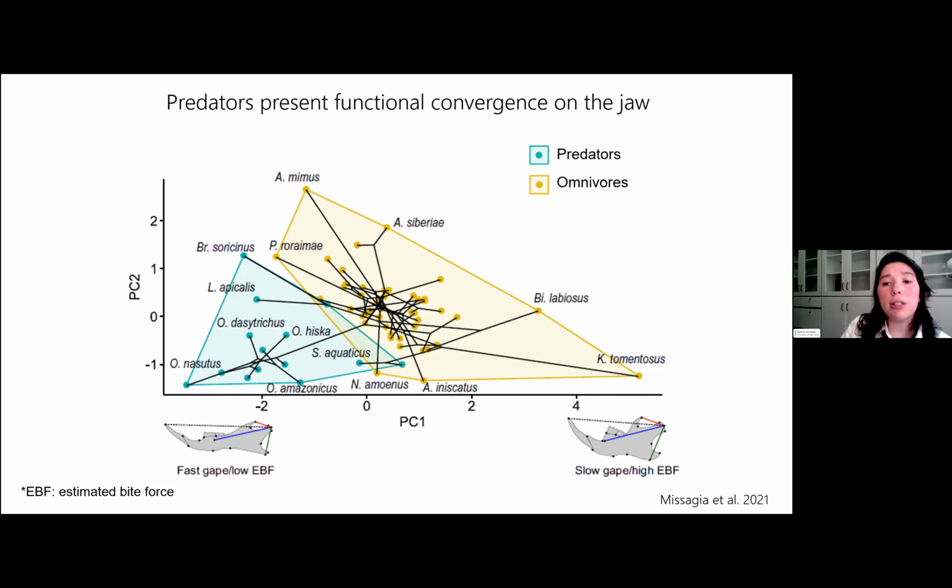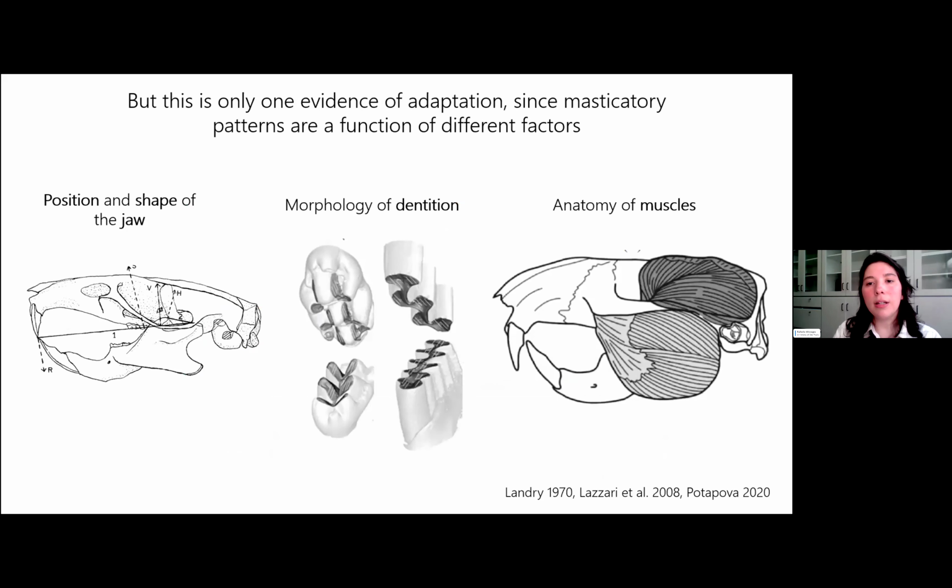This also shows us how specialization, in this case trophic specialization, can increase the morphological diversity of one group. But this is only one piece of evidence of adaptation, since the basic patterns of jaw movement associated with feeding or with diet have more than just one component.